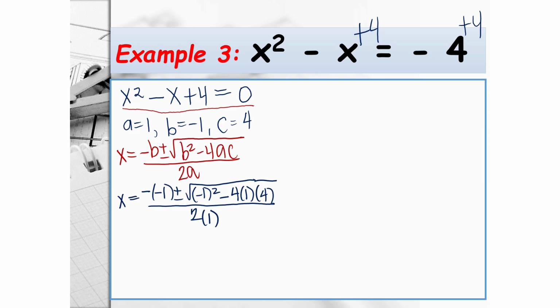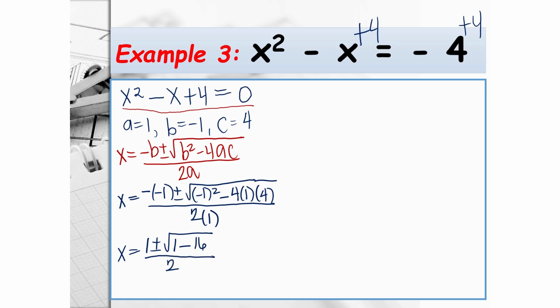Simplifying, we will get x equals, yung negative 1 times negative 1 is positive 1, plus minus square root of, yung negative 1 squared is 1, and then multiply negative 4 times 1 is negative 4, times 4 is negative 16. So, minus 16 kasi negative 16 nga ang product, divided by 2 times 1 is 2.